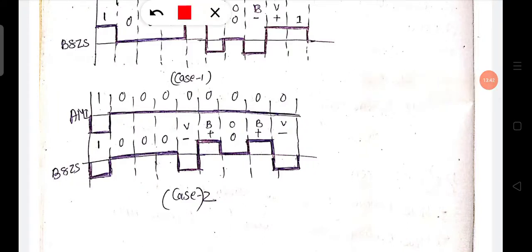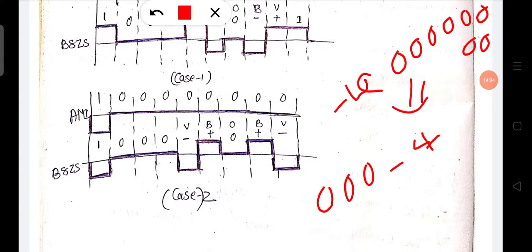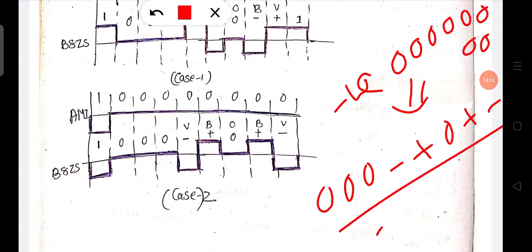Next, in the second case, if the last pulse is negative, then 8 zeros are there, and it will be encoded as 0 0 0 negative positive 0 positive negative. This is the rule.